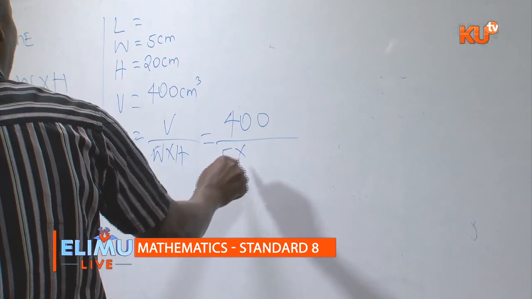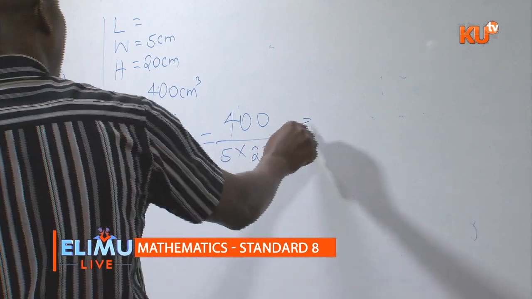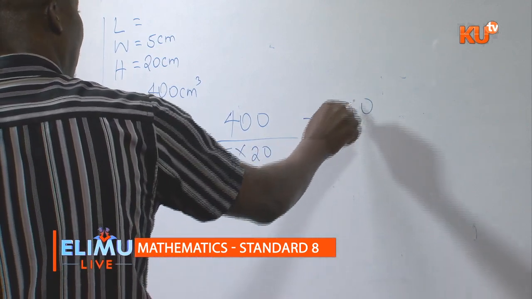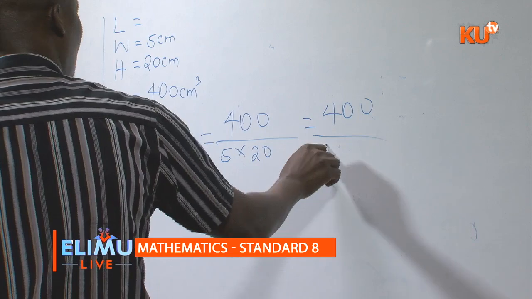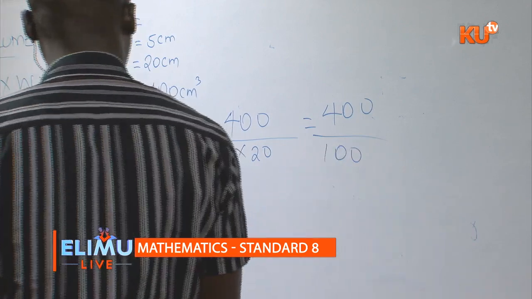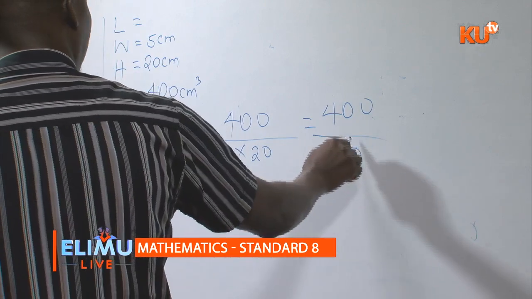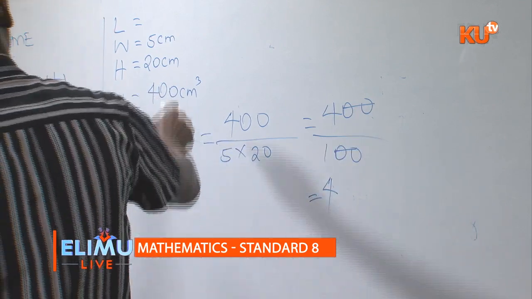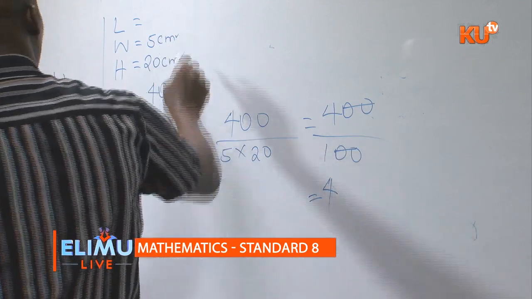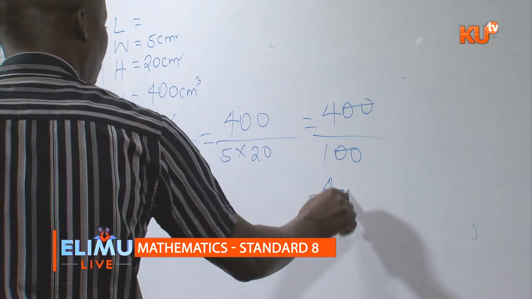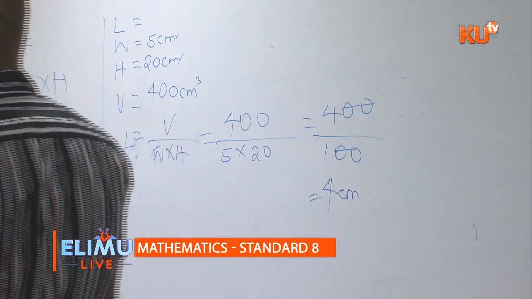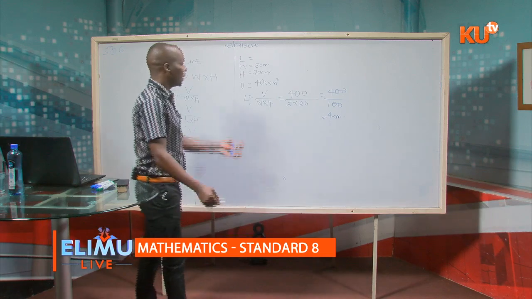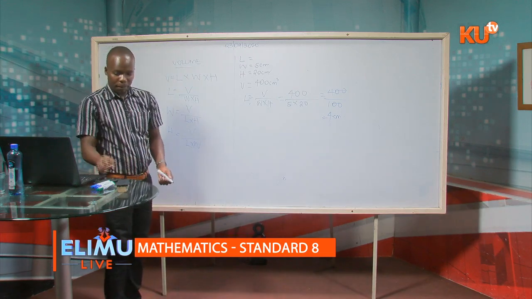So 5 times 20 is 100, 400 over 100. We cancel the zeros and we'll have it as 4. Remember, they were all in centimeters. So our length is 4 centimeters.